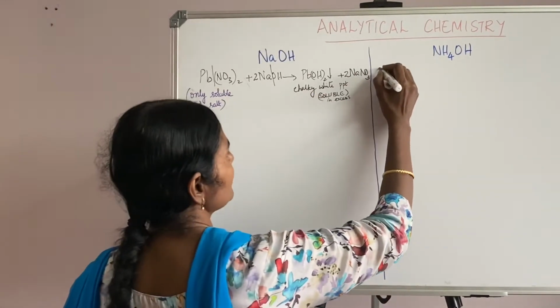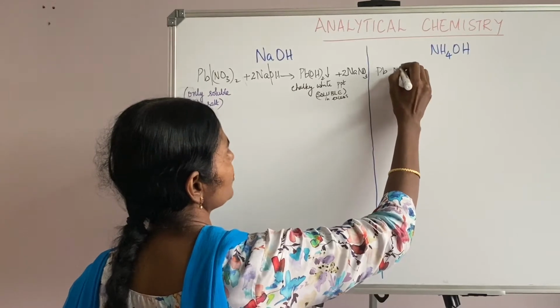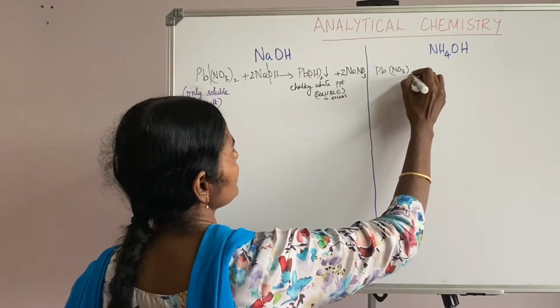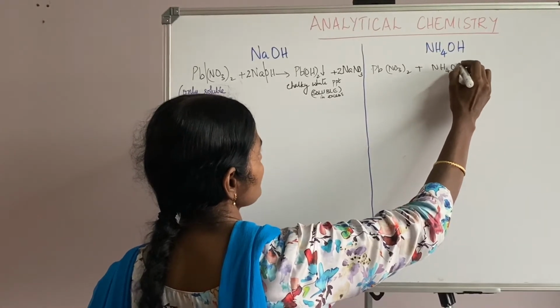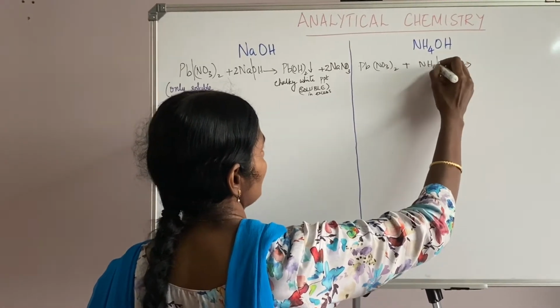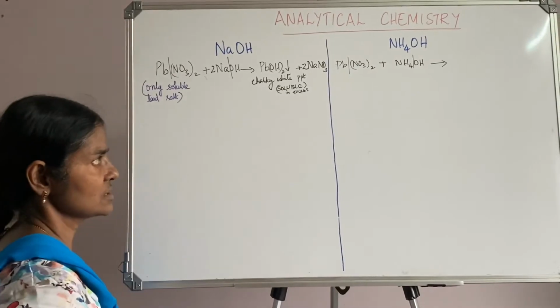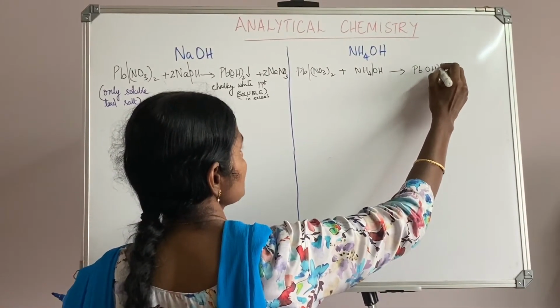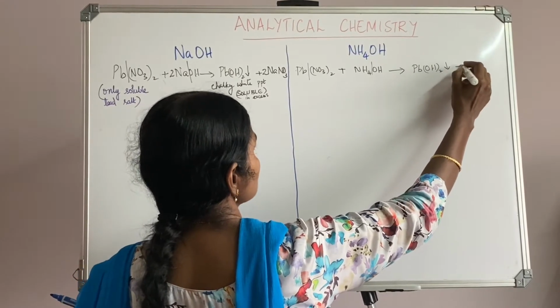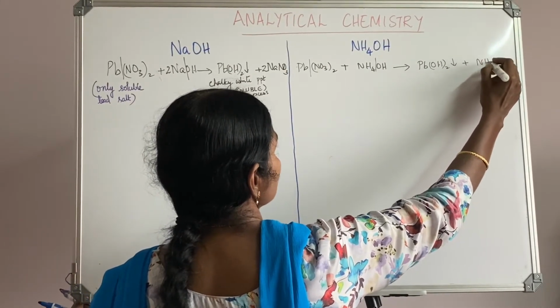But when we come to ammonium hydroxide, lead nitrate solution reacts with ammonium hydroxide solution to give, again it breaks down like this, to give you lead hydroxide precipitate plus ammonium nitrate.